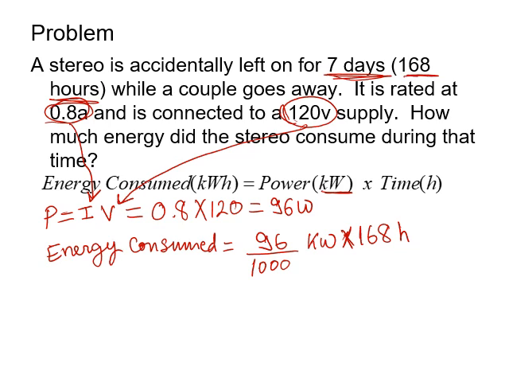All right, grab your calculator. 96 divided by 1000 gives you 0.096 kilowatt, multiplied by 168. That makes it 16.128 kilowatt hour.